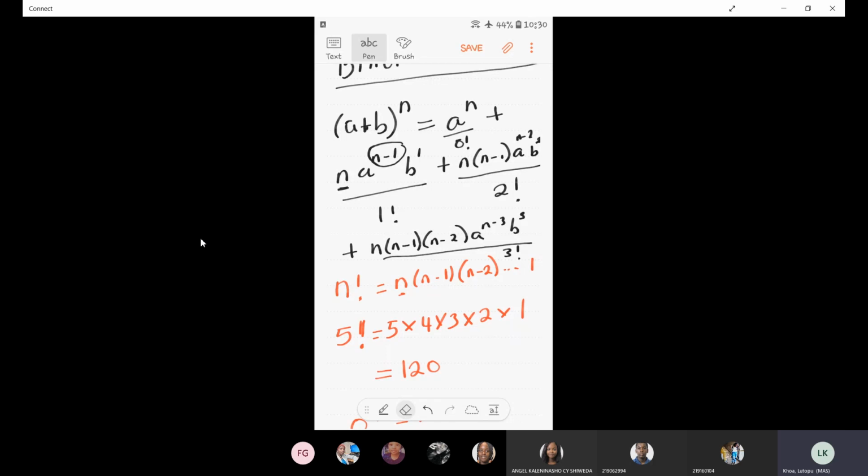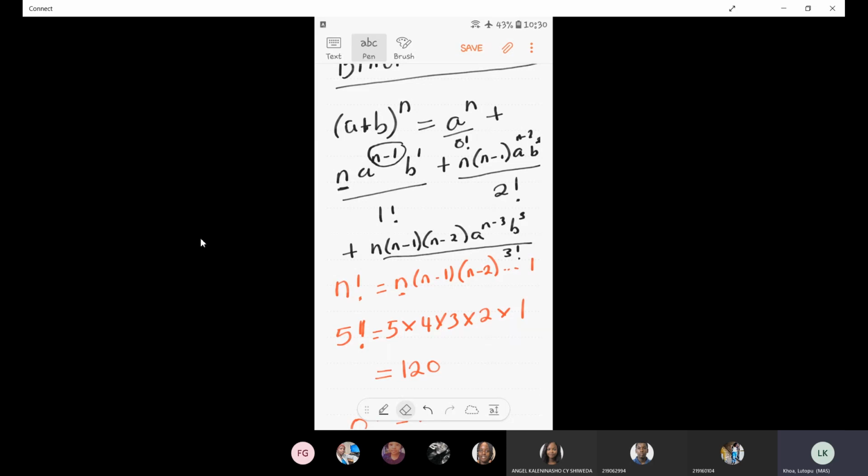But when I have an exponent like minus 2, like I did over there, if I keep subtracting 1, I will never get to 0. So I will always have terms. I can have 1,000 terms, I can have 1,000,000 terms. The terms never finish. So it is an infinite series.